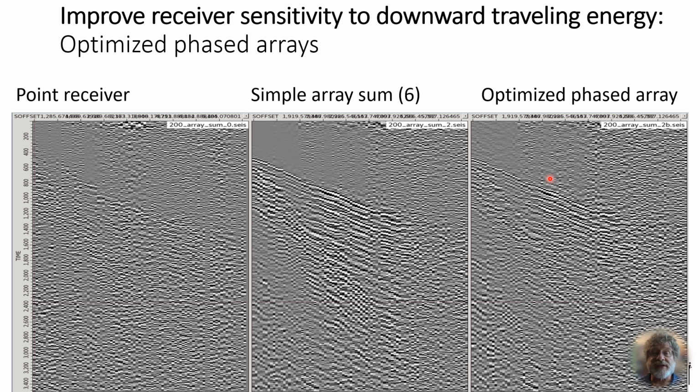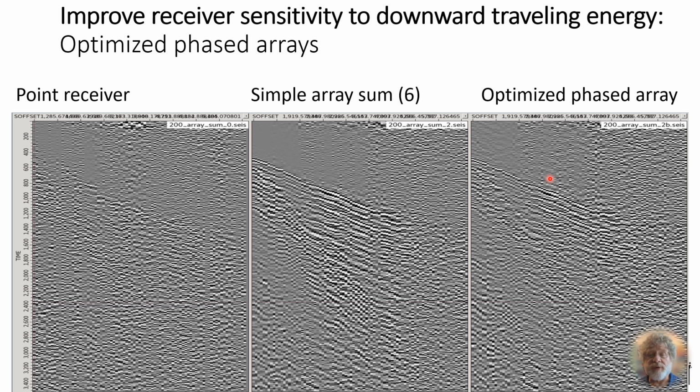In the third panel, I've created an optimized phased array to focus on downward going energy. This is like a steering done in phased radar. In astronomy, they also call it adaptive optics.